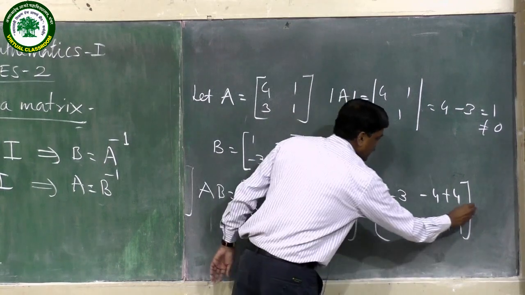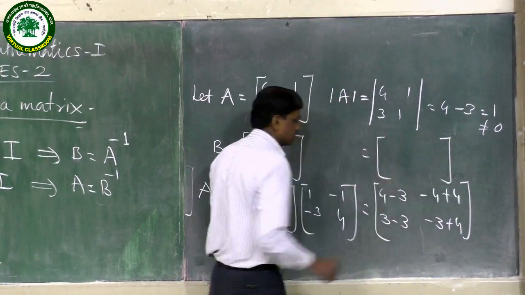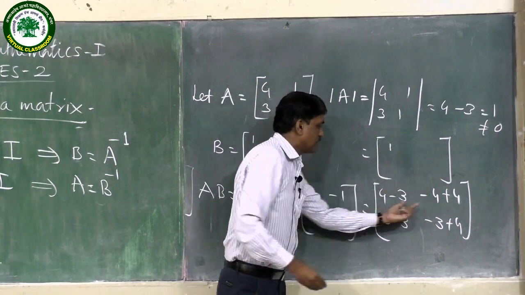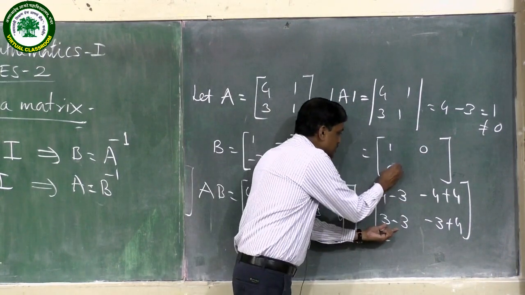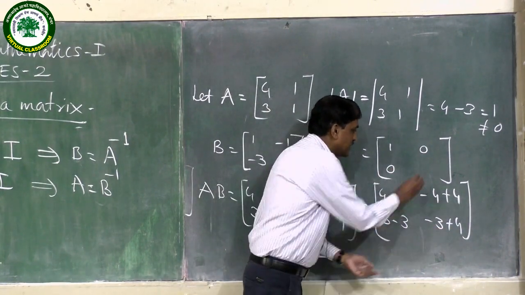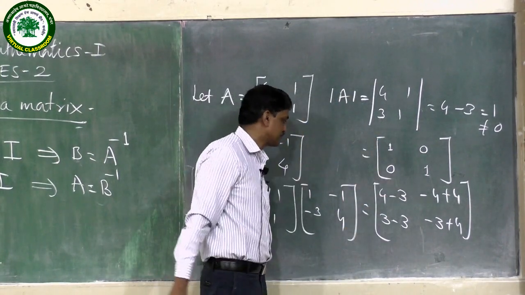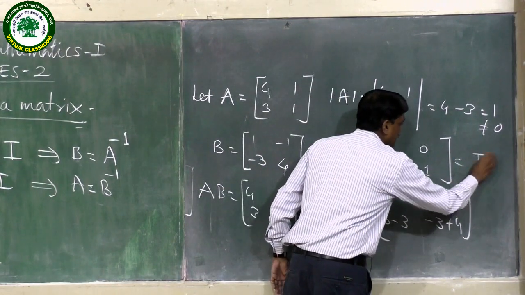What we get here? See, 4 minus 3 it is 1, minus 4 plus 4 it is 0, 3 minus 3 0, 4 minus 3 it is 1. See, this is the matrix I. So AB is equal to unit matrix I.